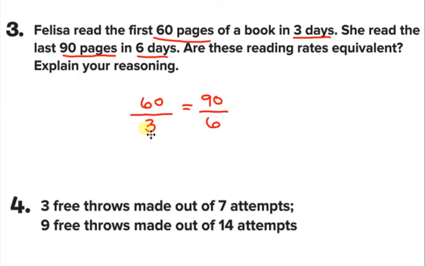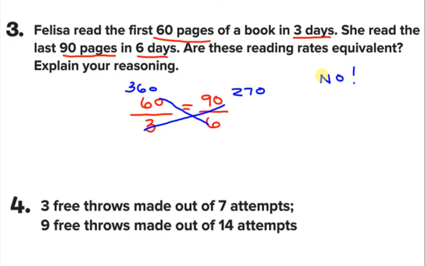Now, I'm going to cross multiply from here on out because that's the method that I prefer to use, but you are more than welcome to simply find the unit rates and do it that way. So I'm going to cross multiply, and if I do 3 times 90, I'm going to get 270. And if I do 6 times 60, I'm going to get 360. So the answer to this is no. They are not equivalent ratios.